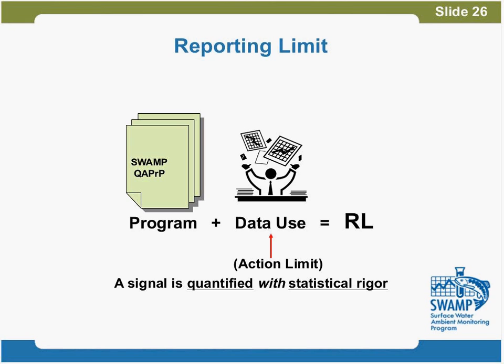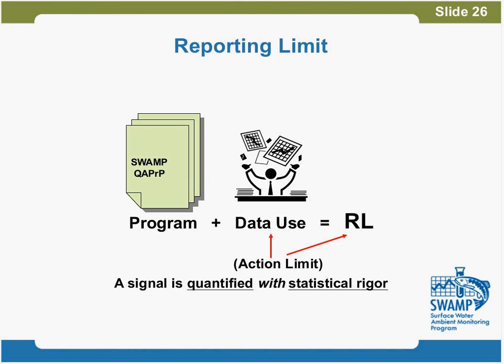I talked about, I should say, that the reporting limit is set by the data user and is tied to the data use. We want signal that is quantified with statistical rigor. If you were able to ask me a question, I bet one of the questions would be, well, why don't I set my reporting limit at my action limit?